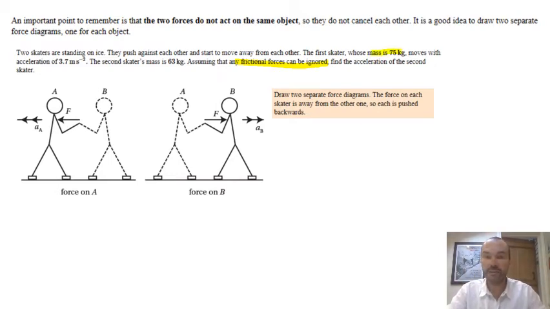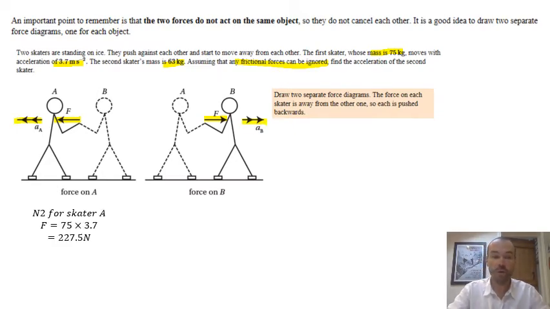First skater has that mass and this acceleration, which is in that direction. The second skater has this mass, and because the masses of the skaters are different, but the size of the forces will be the same, this is the Newton 3 bit, the acceleration of the second skater will be different. So how do we do this? We clearly state that we're using Newton's second law for skater A, which gives us a force of this size.